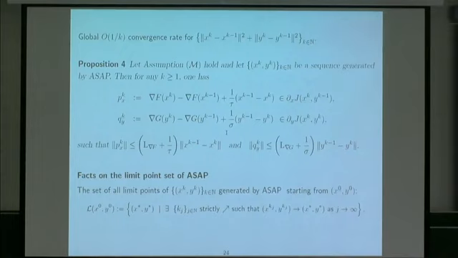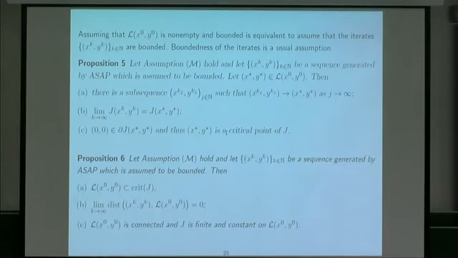Something that we can say on the limit point set of a sequence is defined in this way. This is the set of all points for which there is a strictly increasing subsequence of indexes such that there is a convergent subsequence. And we can say something more about the algorithm.